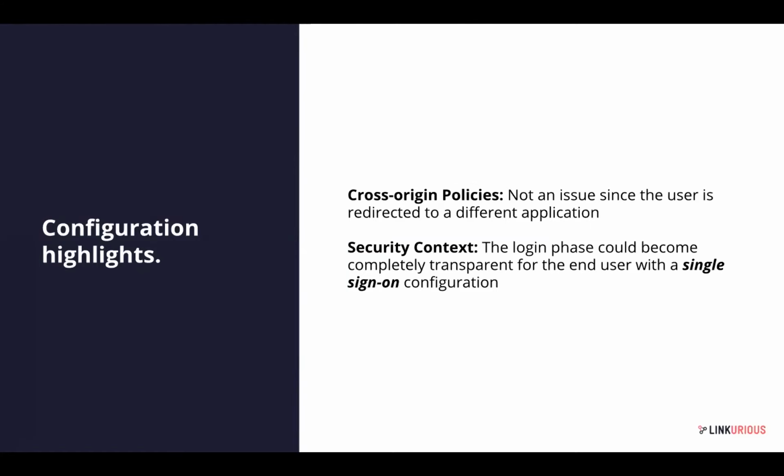As you may have seen, the configuration was very simple. It's just a matter of creating a URL, and the user gets redirected to a different application. So you won't have any problem with the browser cross-origin policy. And regarding the security context, I showed it was possible to concatenate the two different APIs to make this transparent.